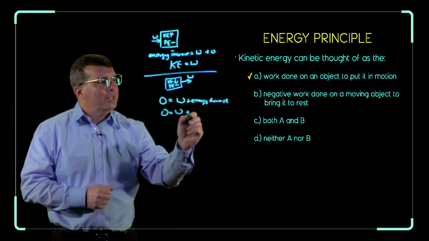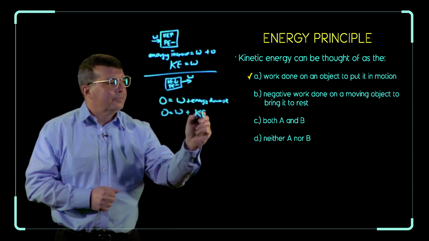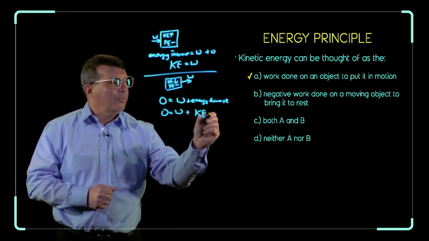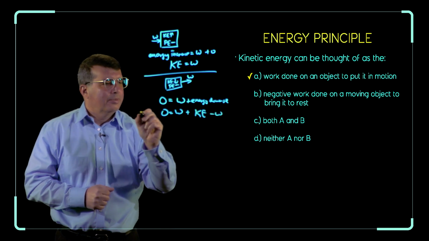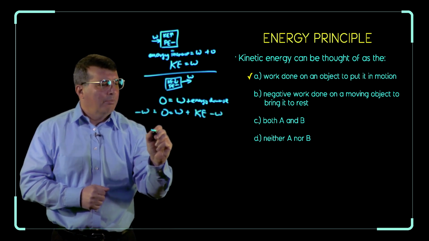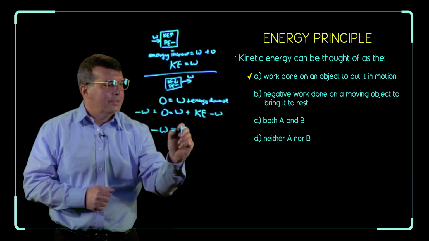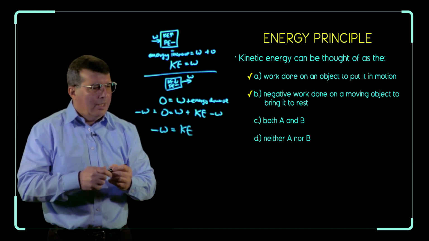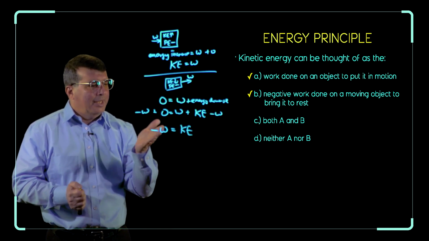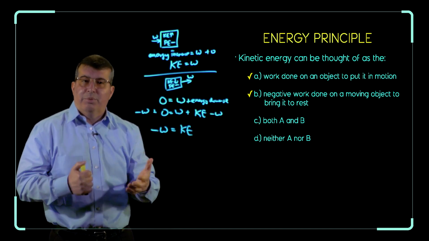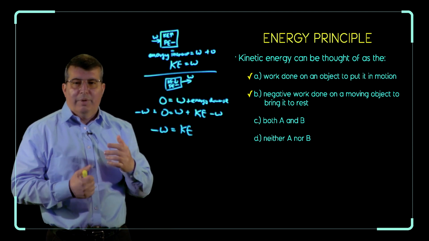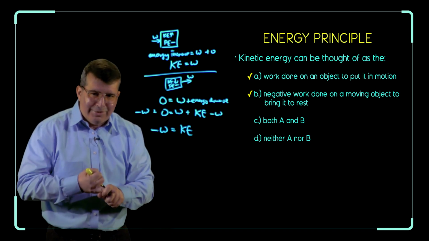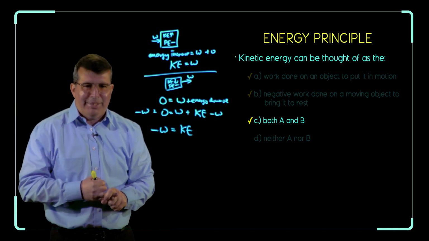The energy decrease is kinetic energy. Subtracting work from both sides, minus work is the kinetic energy. So the kinetic energy of the object is minus the work done to bring it to rest. So A is true and B is true, and the correct answer is C, both A and B.